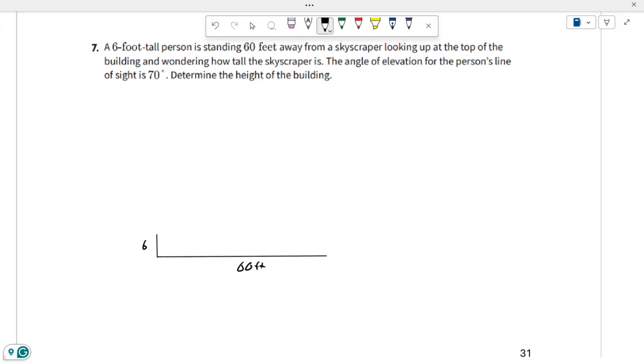So that's 60 feet. They are standing 60 feet away from a skyscraper. And this is not drawn to scale. Okay. So this is the ground. This is the person. This is the skyscraper.